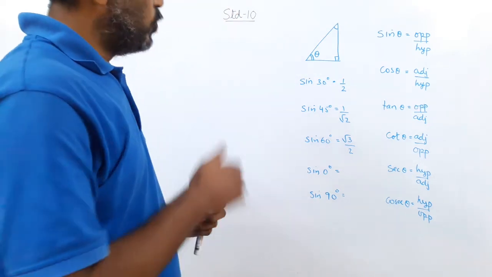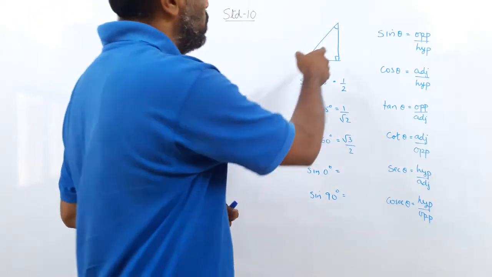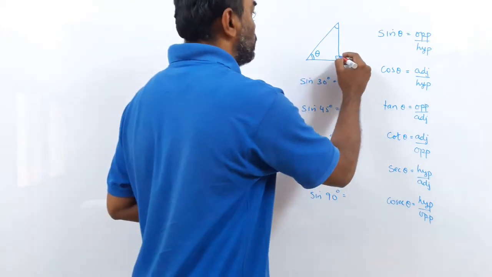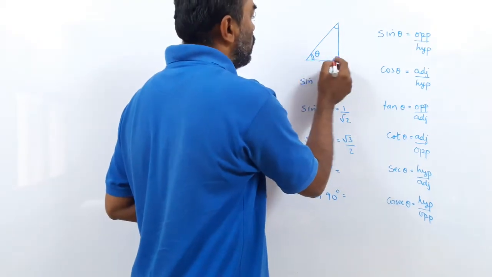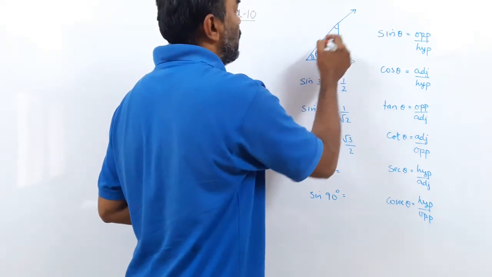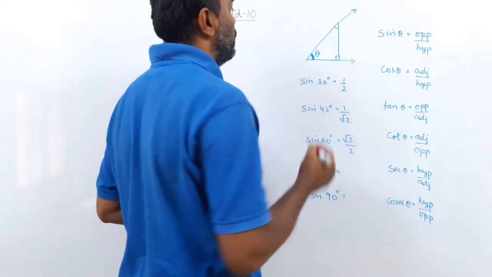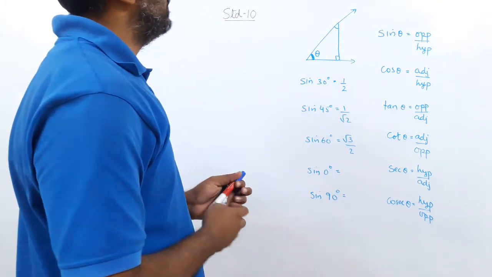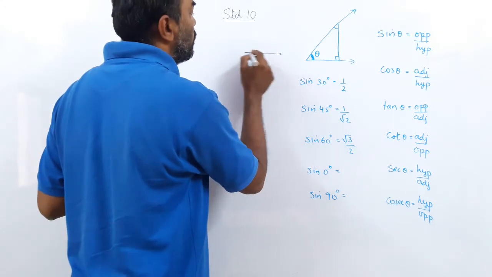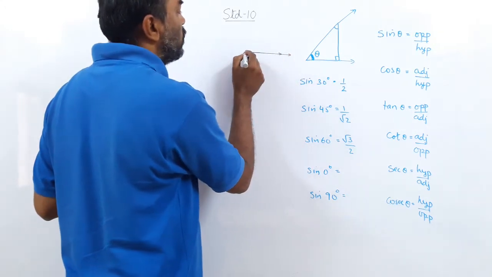Now, if you look at this triangle, you can never have a triangle with 0 degree, right? Because two rays make an angle and the angle is say theta. If this angle theta is 0, it means the two rays coincide, one on the other.